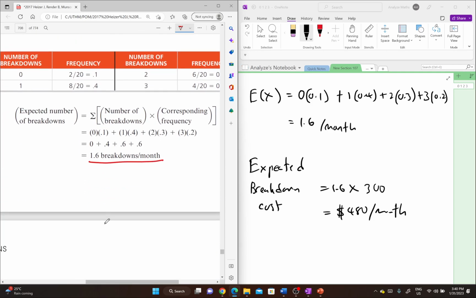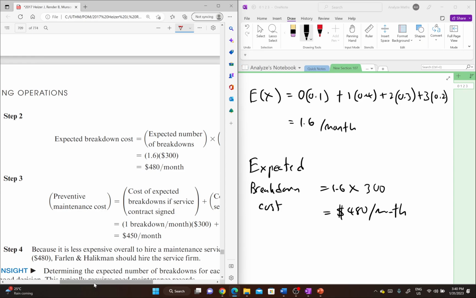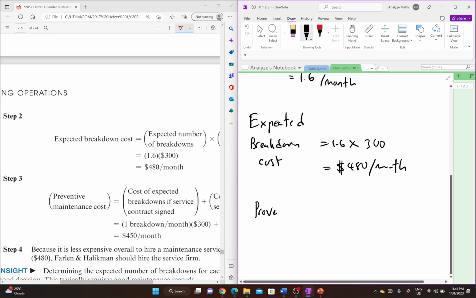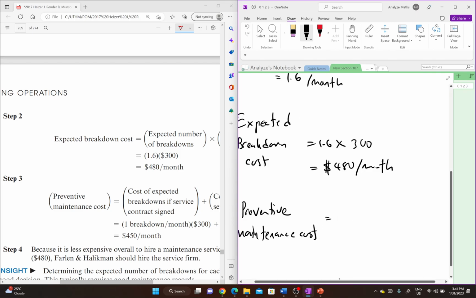So what is the cost if we take the contract? Now the expected value is no longer 1.6. For the preventive maintenance cost, you take just 1 now, multiply with 300, and that is the cost.